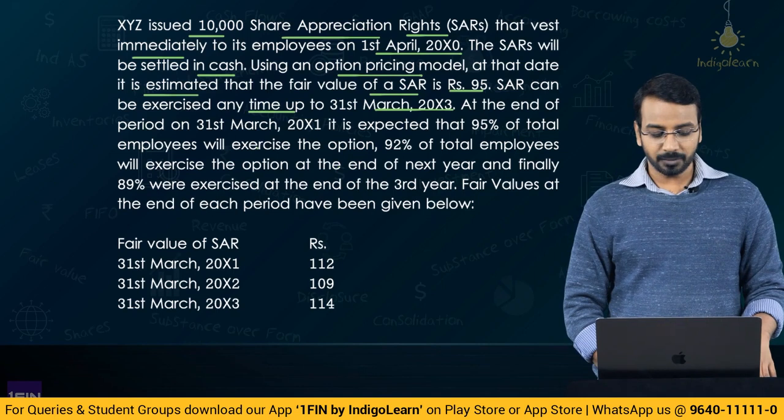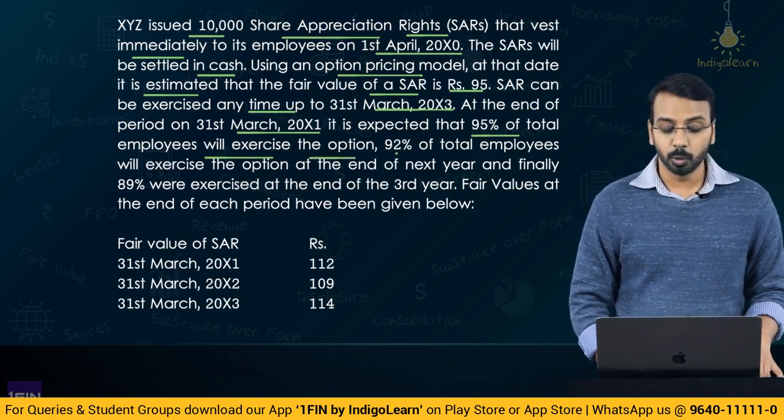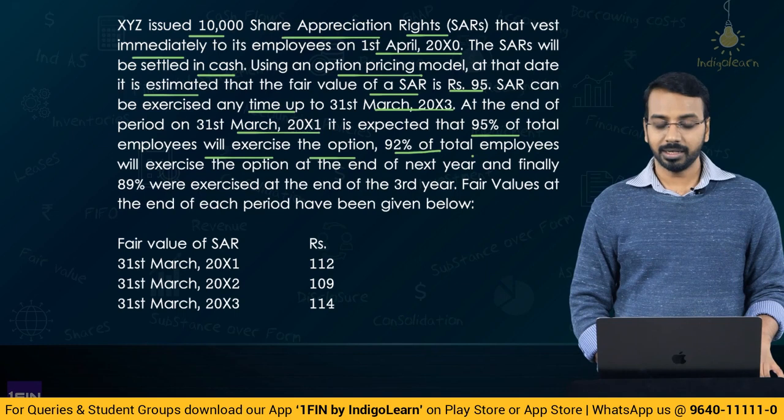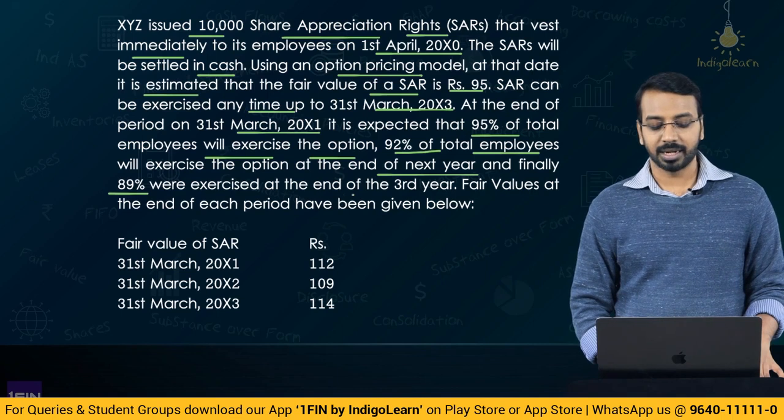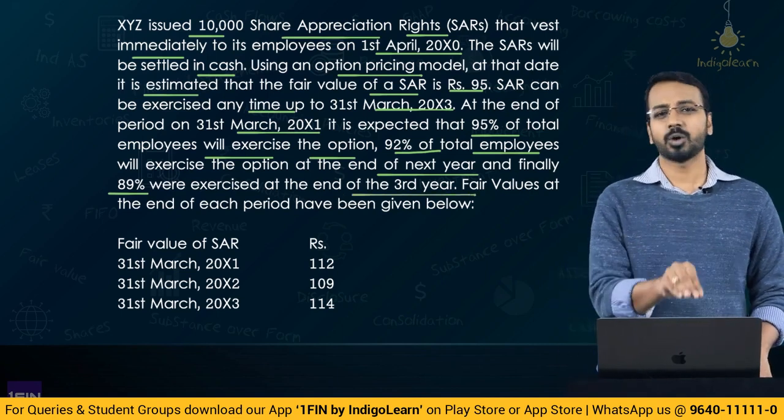Okay. At the end of period 31st March of year 1, it is expected that 95% of the total employees will exercise the option. At the end of year 2, 92%. Then 92% of the employees will exercise at the end of next year, and finally 89% will exercise at the end of third year. Now you might be wondering, why would someone not exercise these options?